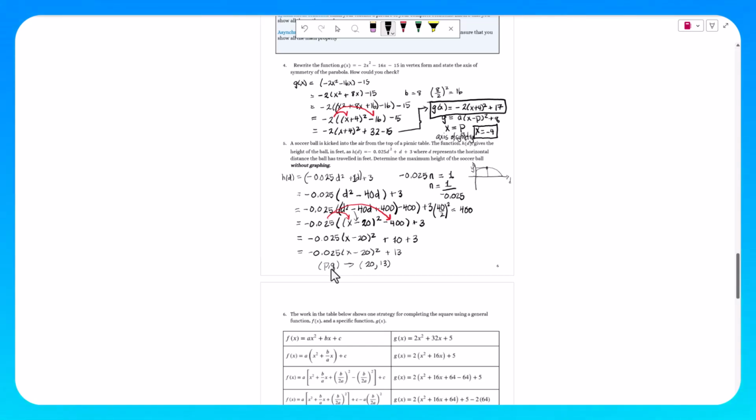So this is the vertex, which means the maximum height of the soccer ball is 13 feet.